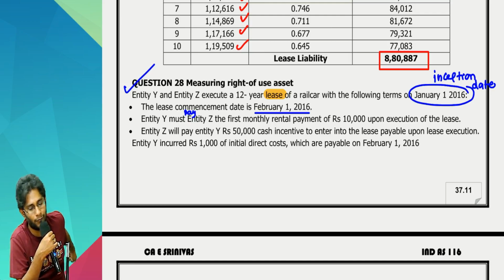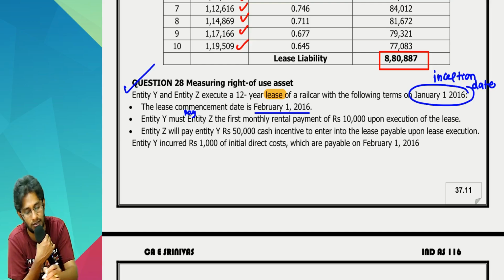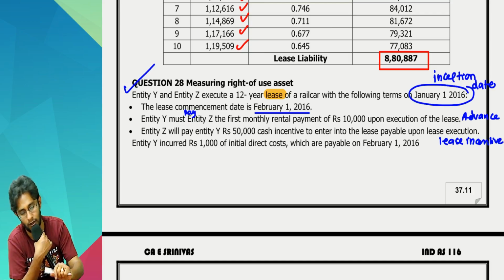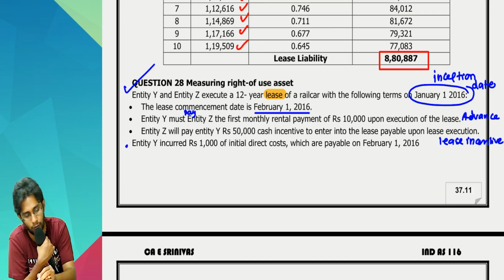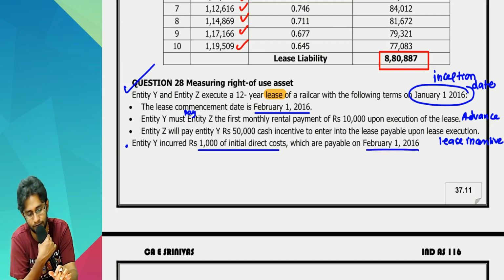And Z will pay Y 50,000 cash incentive to enter into the lease, payable upon lease execution. So there is an advance payment before commencement. There is a lease incentive also before commencement. And this fellow incurred 1,000 rupees initial direct costs which are payable on Feb 1, 2016.